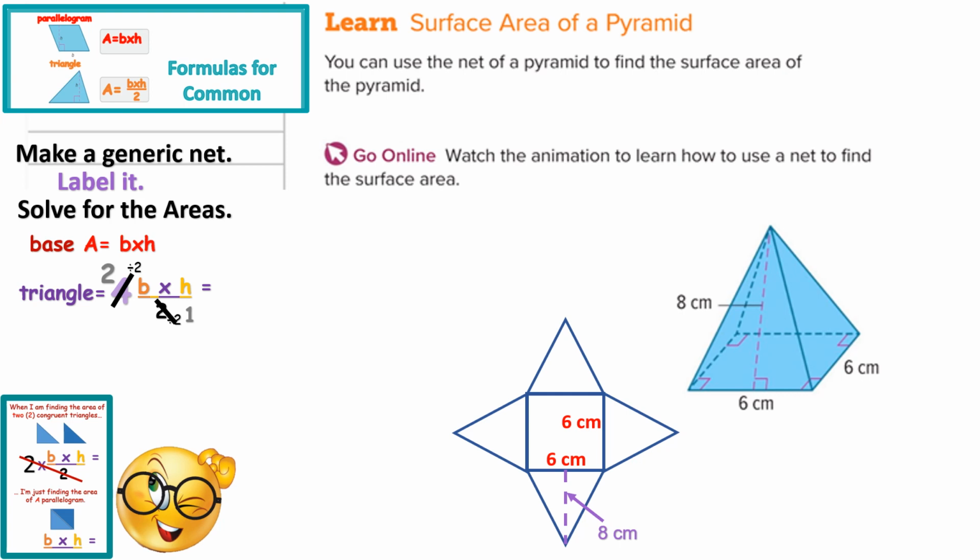So what we're seeing is, if we have a square-based pyramid, and I can find the area of the base, then when it comes to the triangles, all I have to do is base times height and multiply that by 2, because that would take care of the area of all 4 different triangles, right?